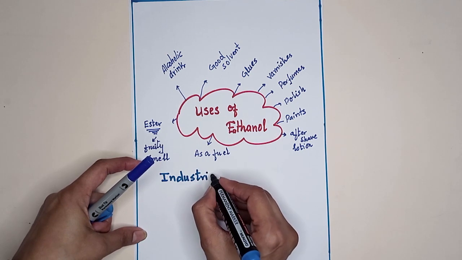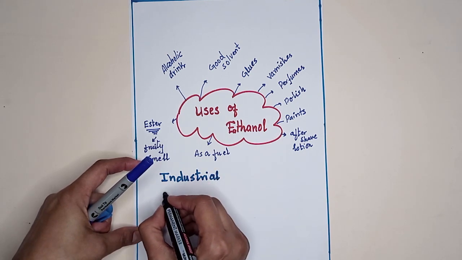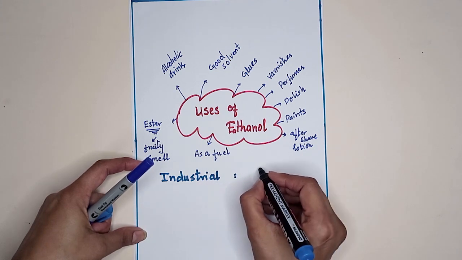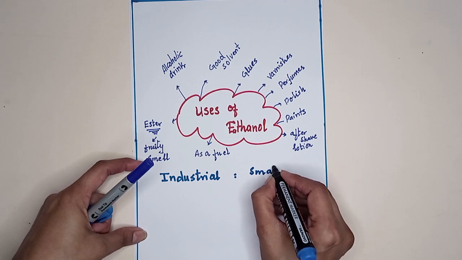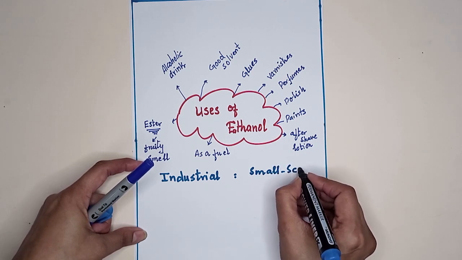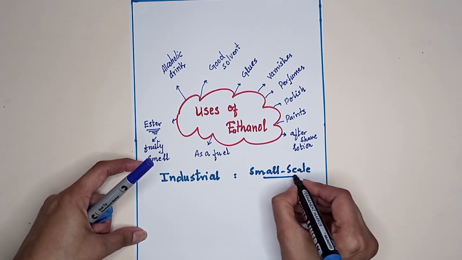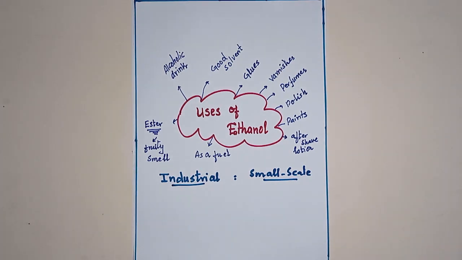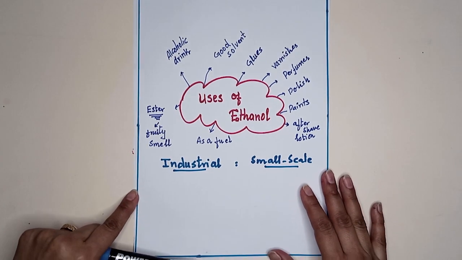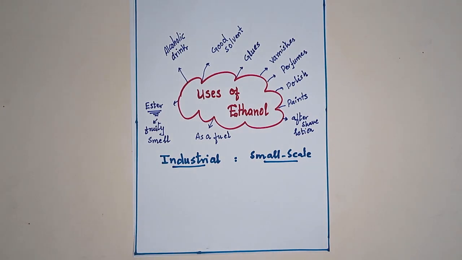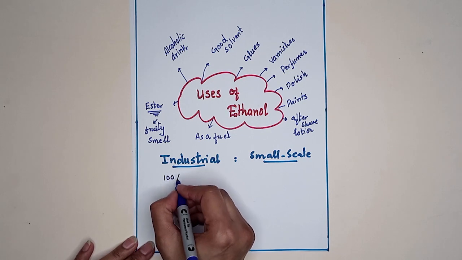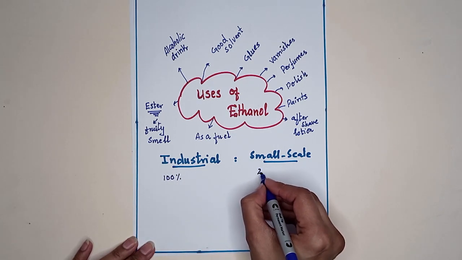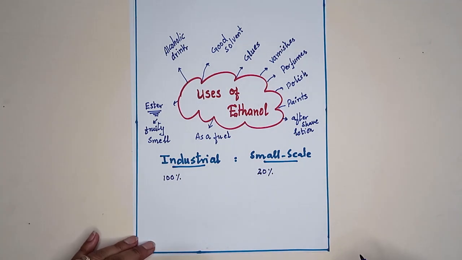The other route is the fermentation process, which is the small scale preparation of alcohol. Let us see how we can differentiate between these two preparations. If we prepare alcohol industrially, we can get the alcohol 100%, but on small scale we can get just 20% alcohol.